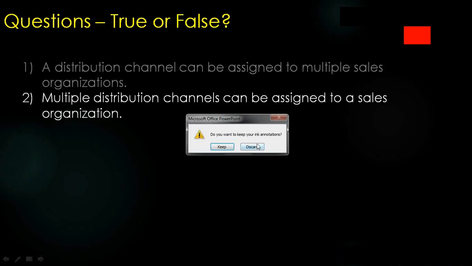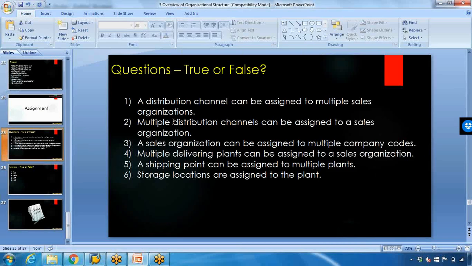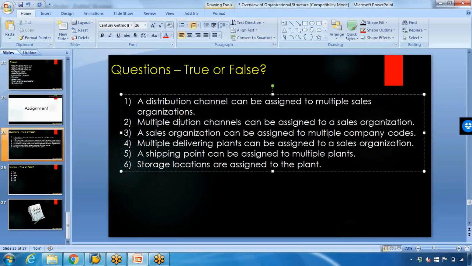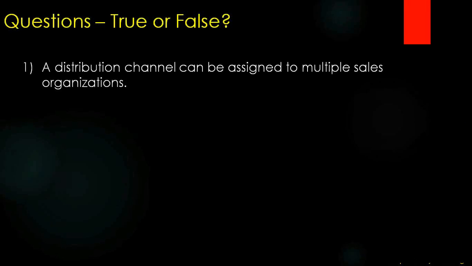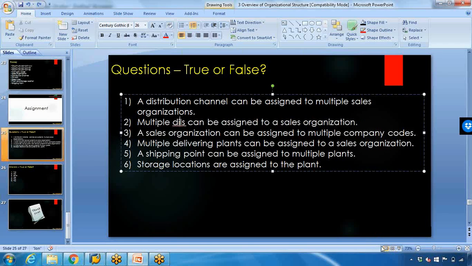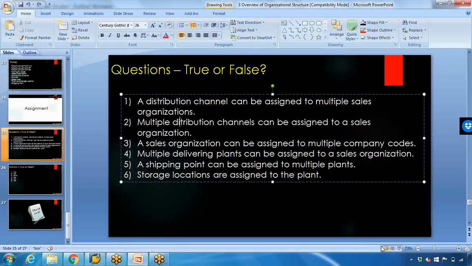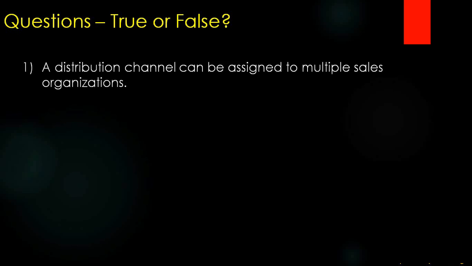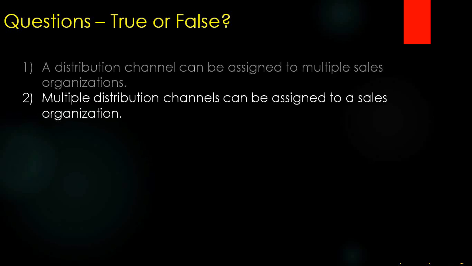Sorry, I thought I made a mistake, but the question was right. So one distribution channel can be assigned to multiple sales organizations, and the second point is multiple distribution channels can be assigned to a sales organization.